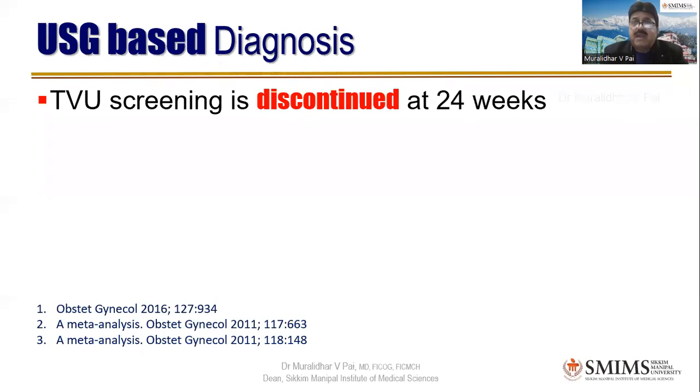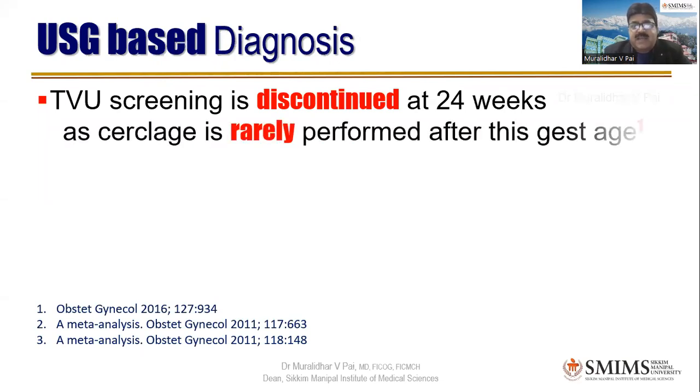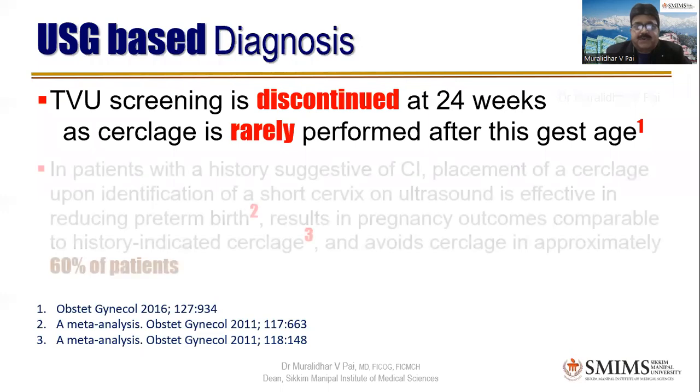So maybe in India, we are very prudent that we have not reduced the period of viability from 28 weeks yet. But anyway, after 24 weeks, they think that we can straight away deliver the baby. So there is no point in still looking for the cervix and still putting a stitch or whatever, as cerclage is rarely performed after this gestational age. That's what, according to their meta-analysis, they have found out.